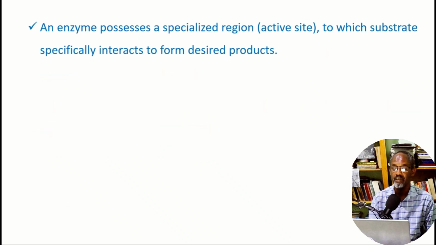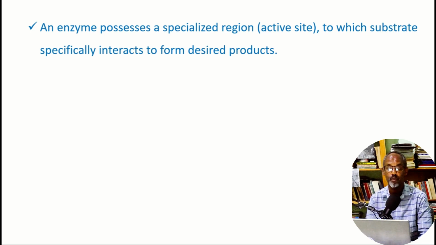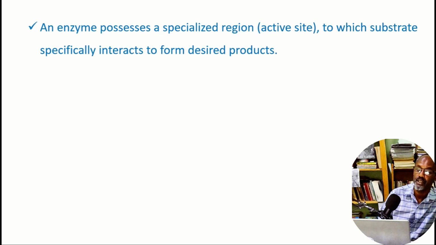catalysts, of course. The other general property is an enzyme possesses a specialized region. You see, a protein molecule has a specialized region, which is known as the active site, or it is a cleft or gorge. Even if you like, some biologists dub it or give it a nickname, the vagina of the enzyme, the cleft, the gorge, special pocket to which specific substrates bind or attach.